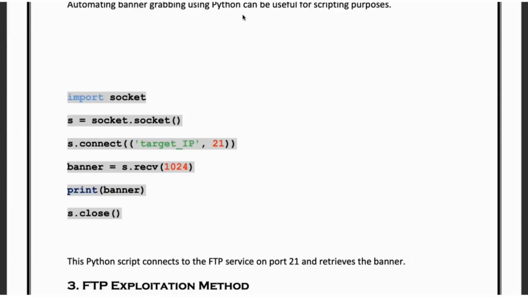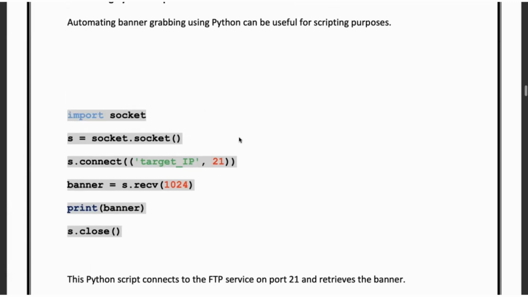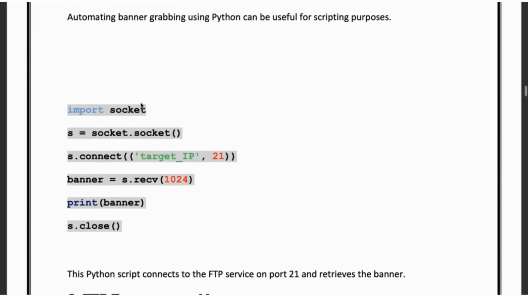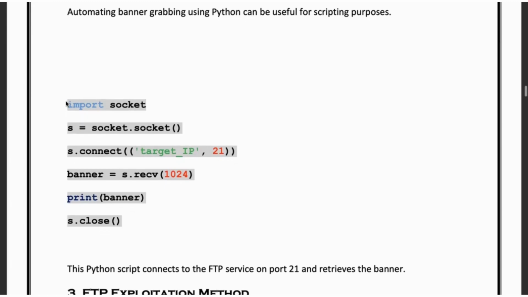So I will take this scenario also. For Python, you have a Python script also to perform banner grabbing, or you can write this script in Python, make a file, and here you can provide your target IP and then run this script, and your banner grabbing will be done, right?